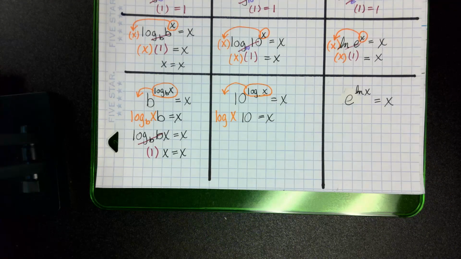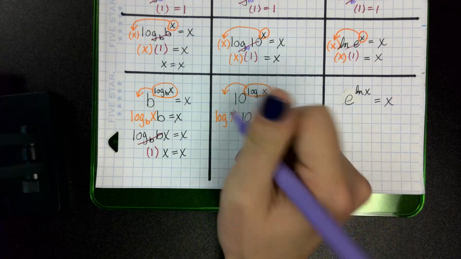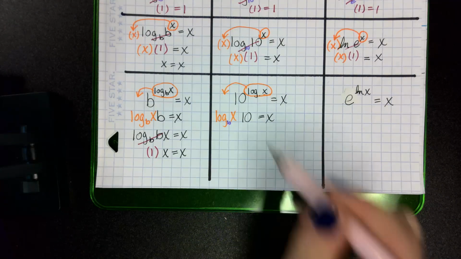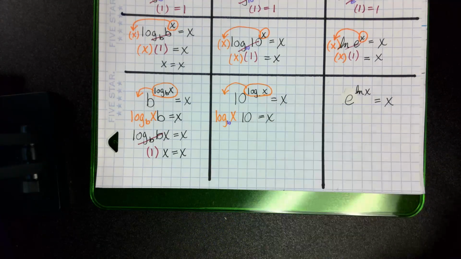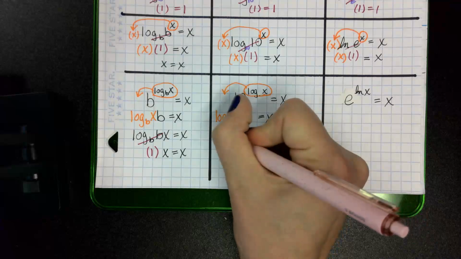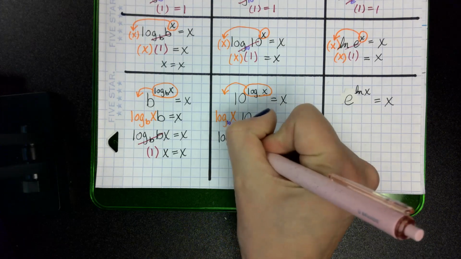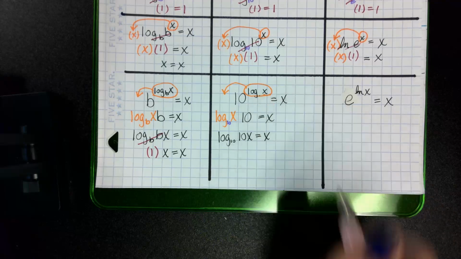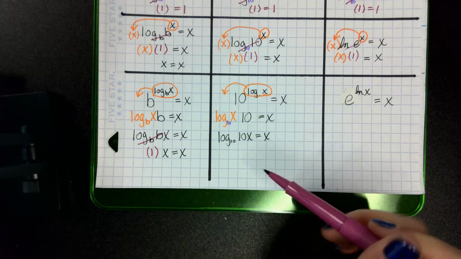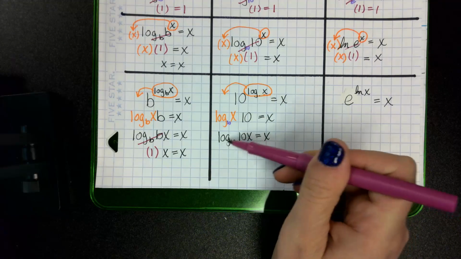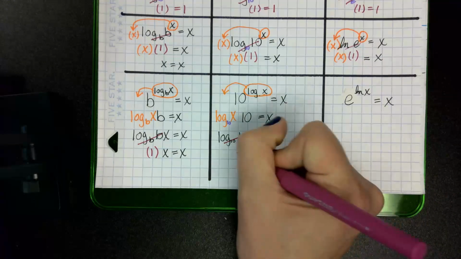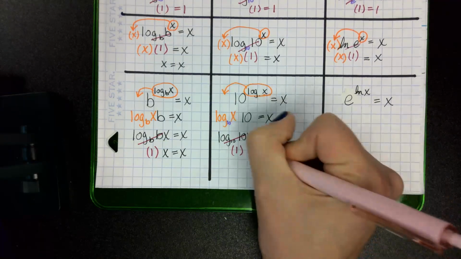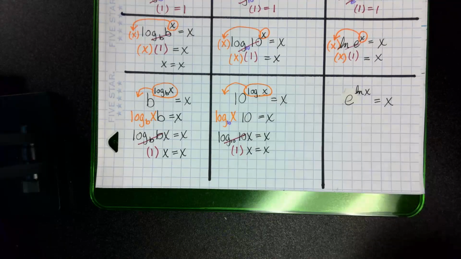And I know that the base of the common log is 10. And I can rearrange, instead of x times 10, I could say 10x. So I could write this as log base 10 of 10x equals x. So you see you have log base 10 of 10. Base 10 of 10 is just 1. So x equals x.